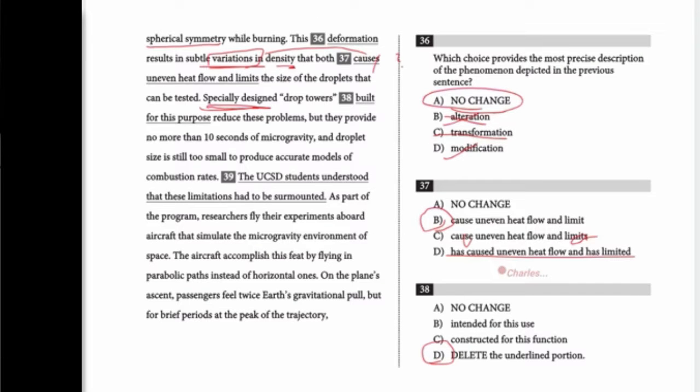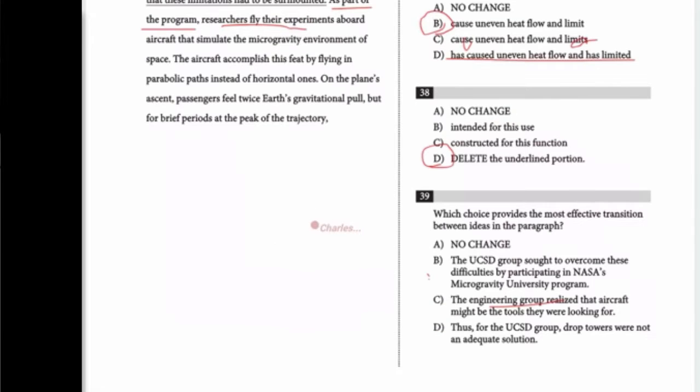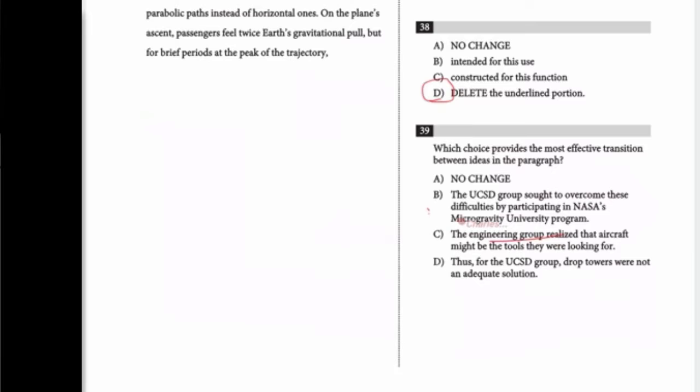Possibly that. Thus, the drop towers were not an adequate solution as part of the program. So here's the problem. The next sentence refers to the program. Well, what program? That flies experiments, so it must be the NASA Microgravity University program. So B is the correct answer.